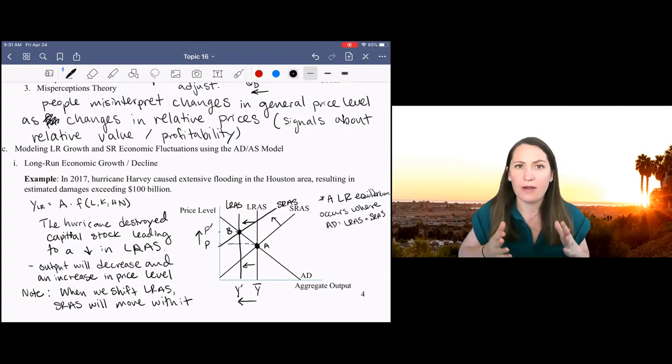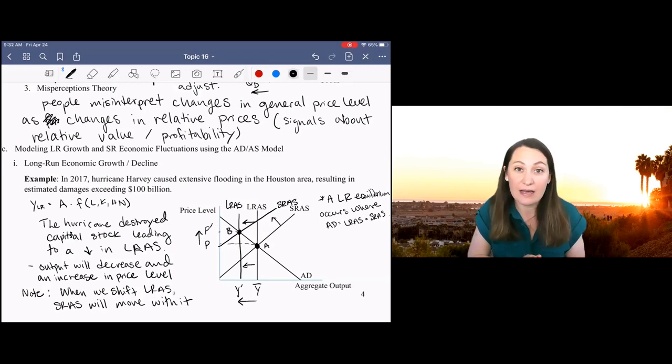Good. So this is an example of a long run shock. Our current situation where we're going through the coronavirus pandemic is partially due to a decrease in long run aggregate supply, right? Because since we have this pandemic, since we have to quarantine, we've removed a lot of labor from the workforce. A lot of people are out of work.